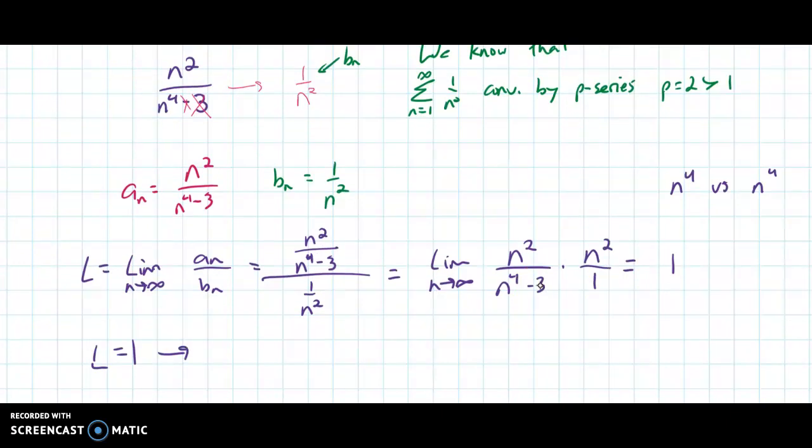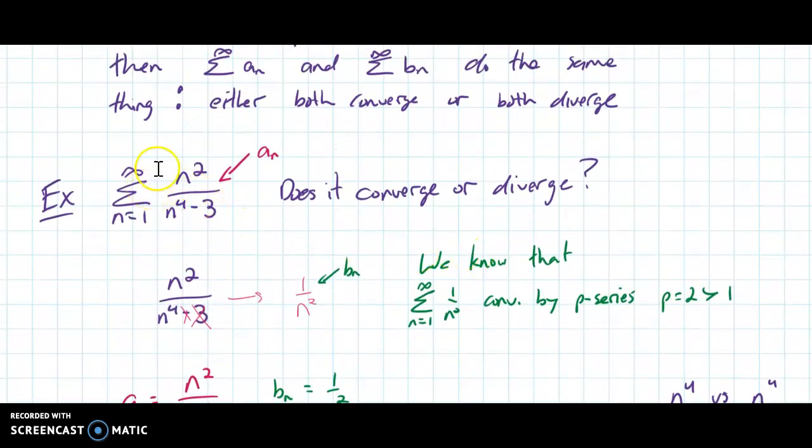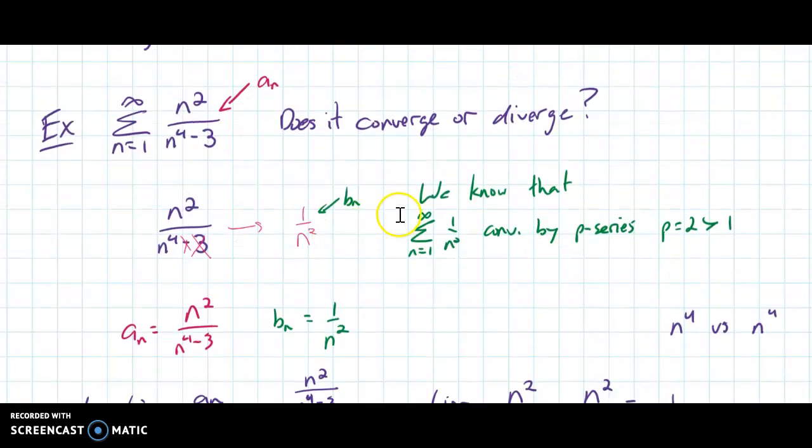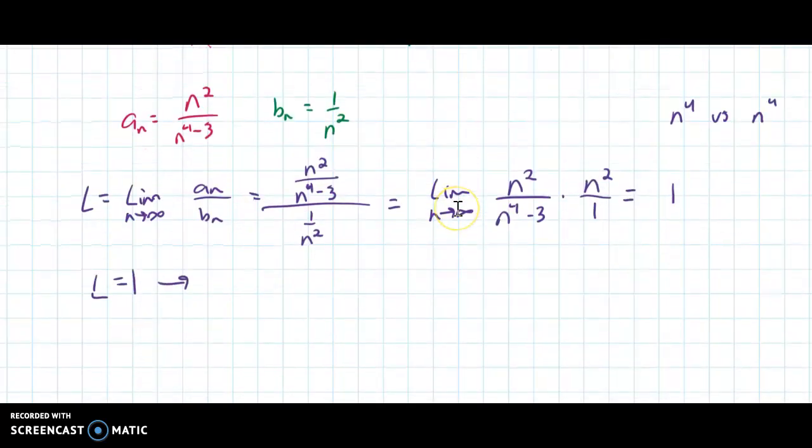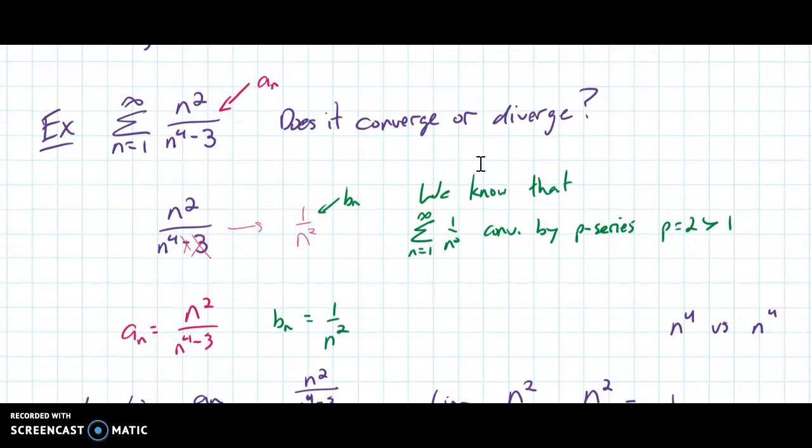which means that by LCT, by limit comparison test, this thing does the same thing as this thing. So what we say after this is that S sub infinity, and then remember, I'm going to come back up here and write S sub infinity there so that I know what I'm referring to.